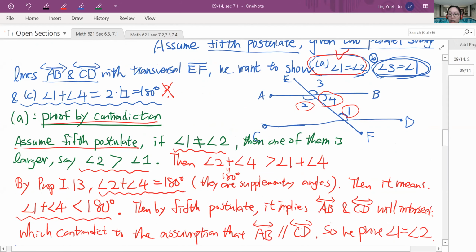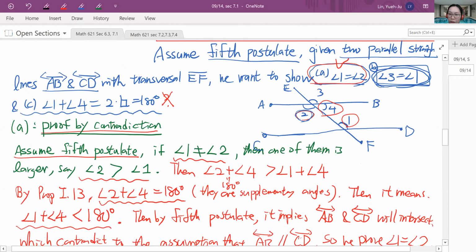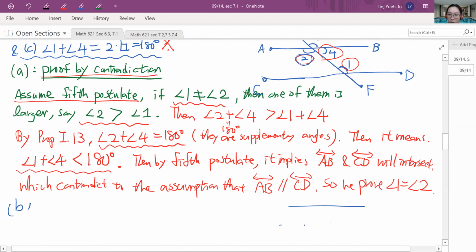In order to prove 1 equals 3, we are going to use the relationship between 2 and 3 here.